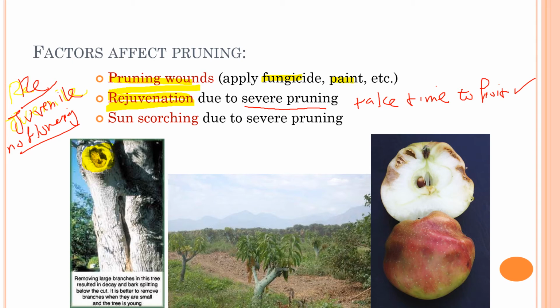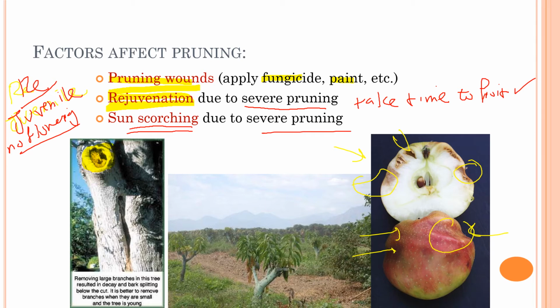Another reason to avoid too much pruning is sun scorching. There is a difference between light penetration and sun scorching. If you cut the tree too much, you are going to create this problem, meaning the fruit will be subjected to sun, and that will damage the fruit, as you can see here. Therefore, it is very important not to do that.